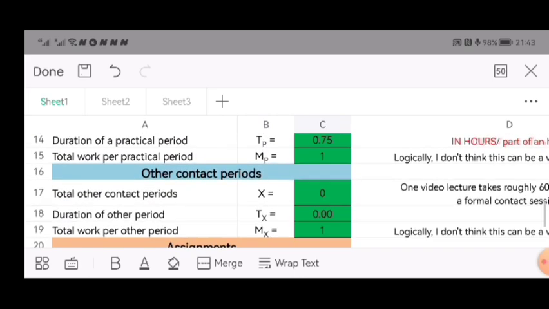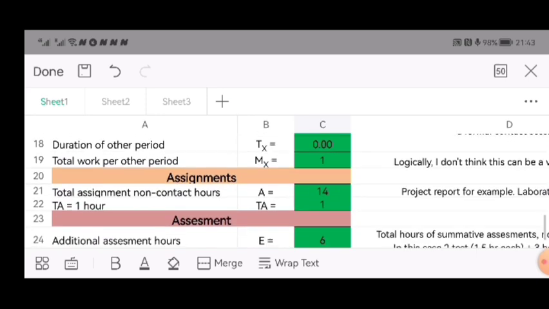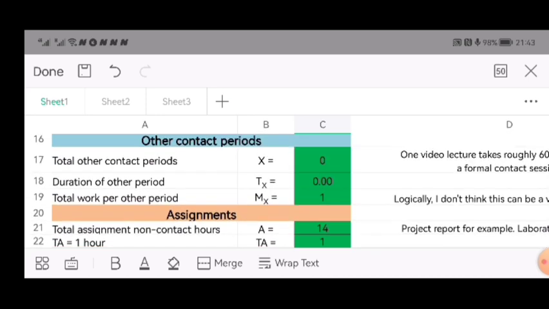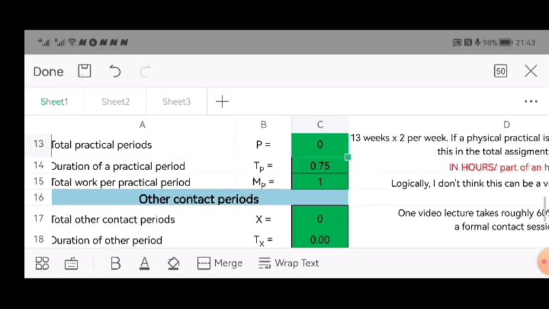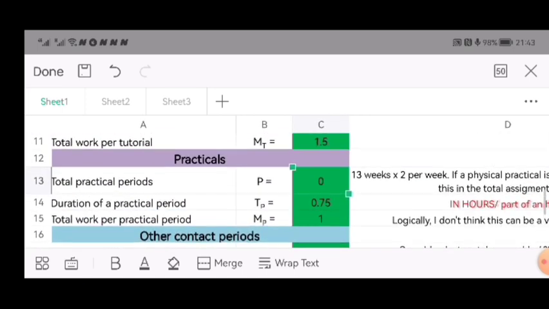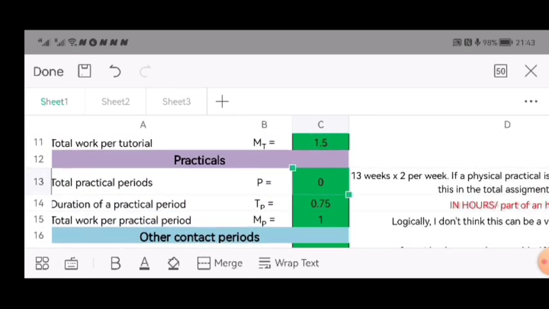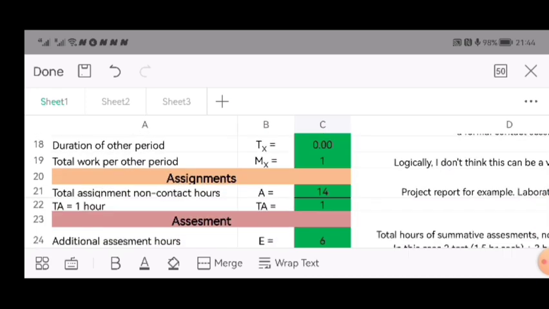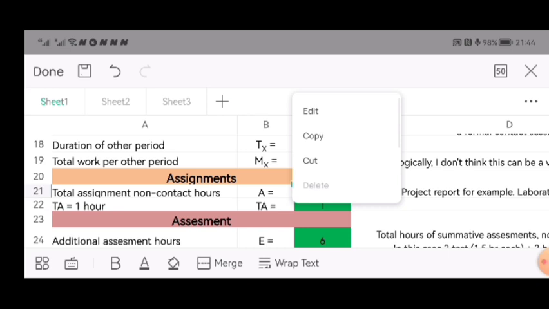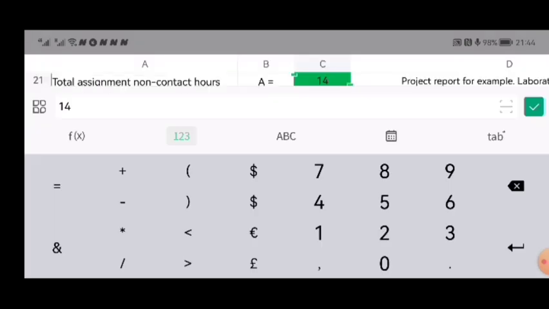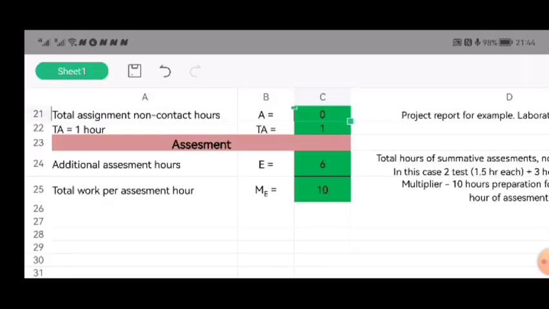What we really mean there is it should be assignment. So there is no other period, and the practicals we won't do. So what I meant is the assignment. We set the assignment to 0 for now.